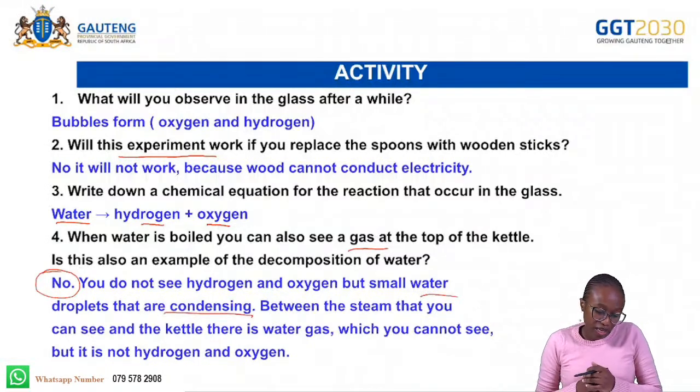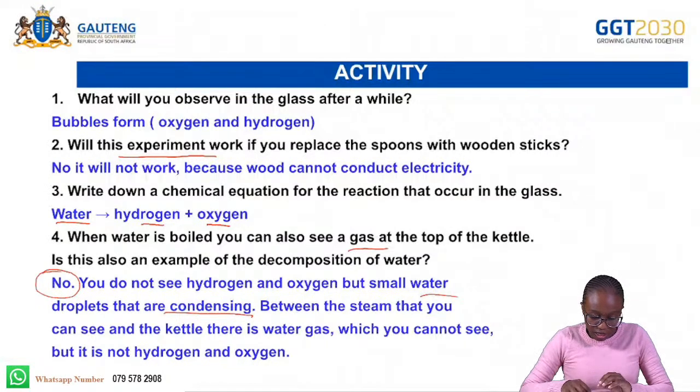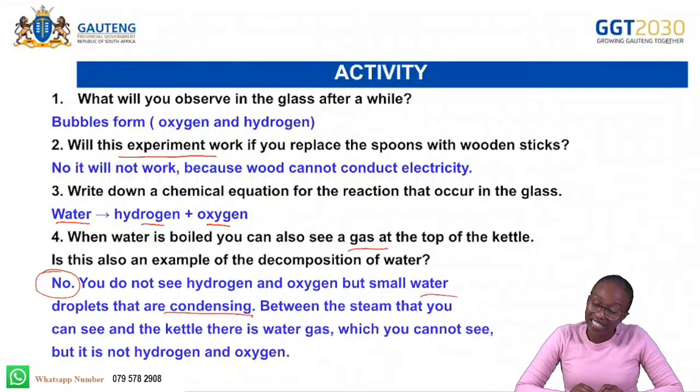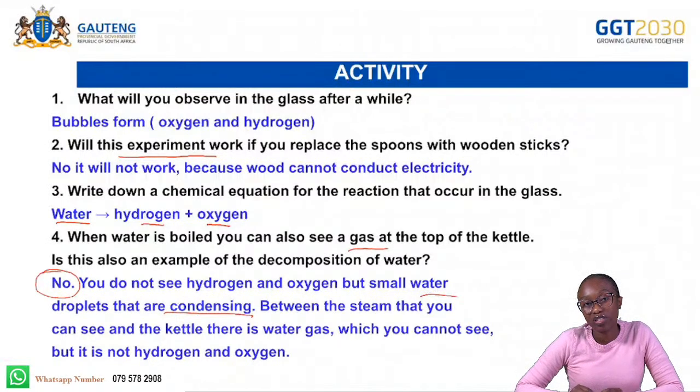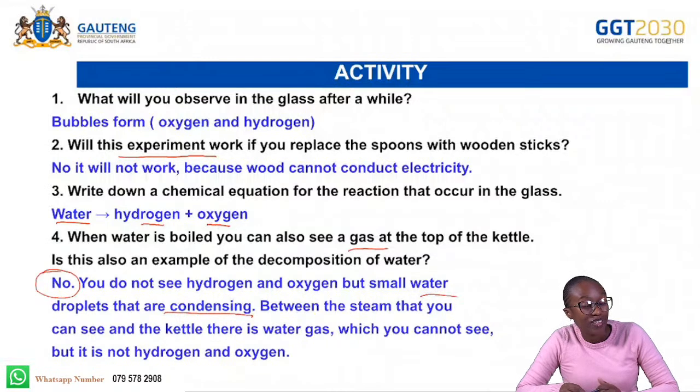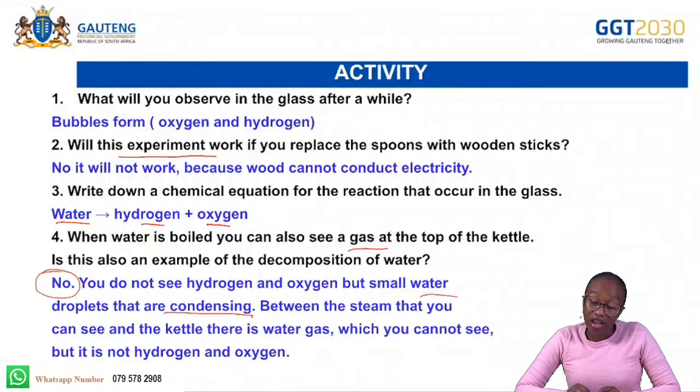Between the steam that you can see and the kettle, there is water gas, which you cannot see, but it is not hydrogen and oxygen, because when we are boiling water in a kettle, we are adding heat energy to the water. We are not passing an electric current through the water. So those two are quite different.